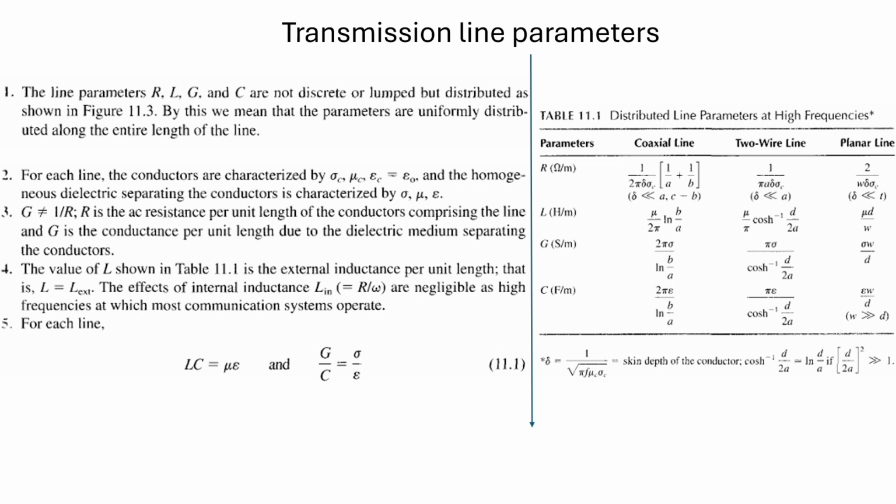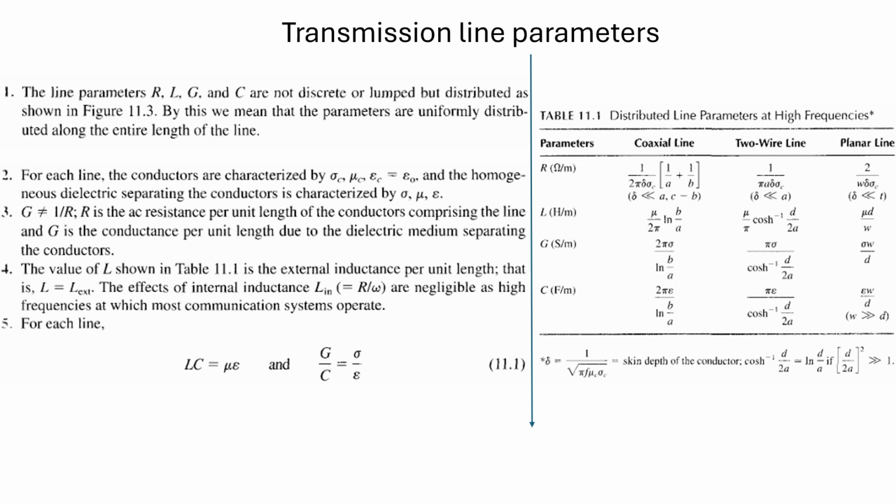Since these are electrical parameters, let's first find the equivalent circuit for this transmission line. So how can we draw the equivalent electrical circuit? Of course, for electrical circuits the parameters are R, L, G, C, that is resistance per unit length, inductance, and then conductance, G, that is 1 by R only, then the capacitance.